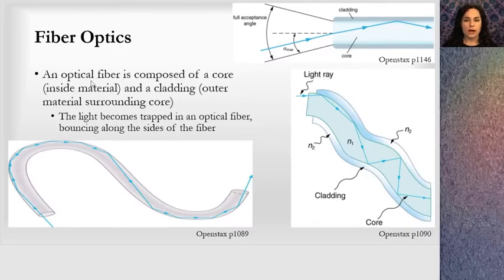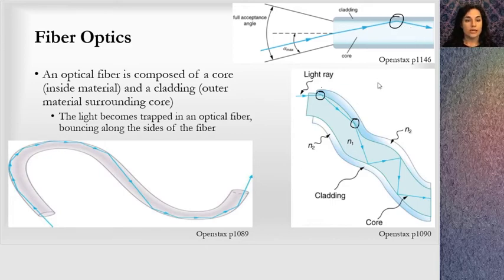A fiber optic cable is composed of a core, or the inside material, and we can see that here. There's a core, this inside material, and a cladding, which is the outside material. And so you take an inner material and an outer material, and you make their indices of refraction such that total internal reflection happens inside it, traps the light inside that cable.